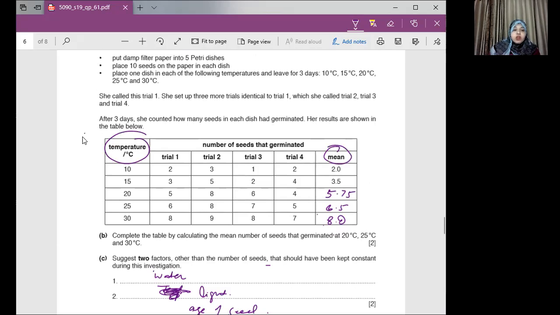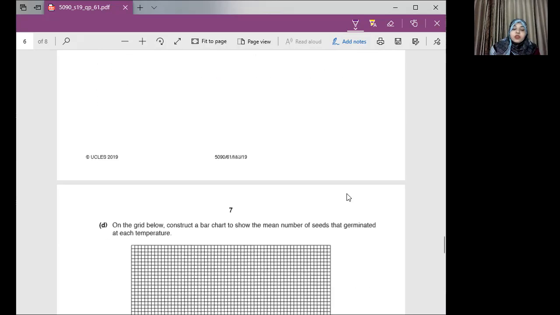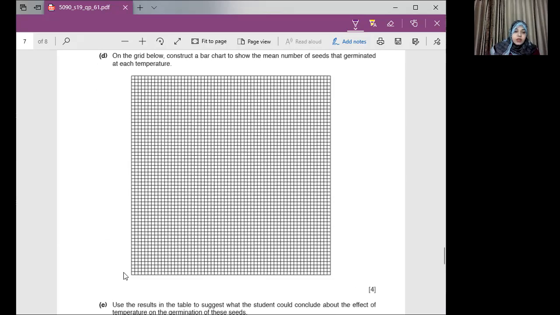Again, the first column is the x-axis and the second column is the y-axis. So for this one, you have to write temperature in degrees Celsius, and for the y-axis, you have to write the mean number of seeds germinated.